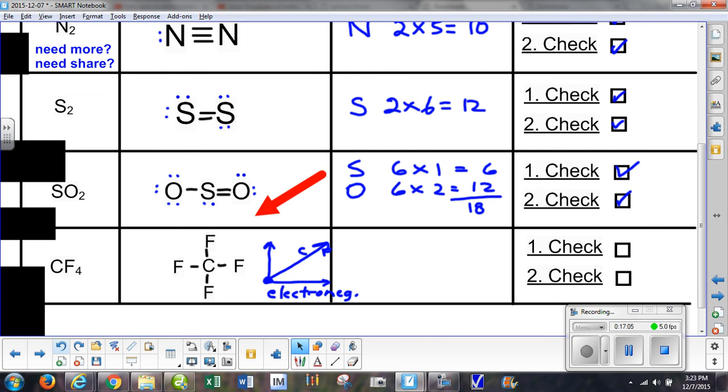So carbon is the guy that has to be in the middle. And that's why I put carbon in there and not one of the fluorines with carbon on the outside. The smallest electronegativity gets to be in the middle. So let's go ahead and see how many electrons we should have. And you should do that first. Why don't you stop the recording and do the calculation on the electrons.